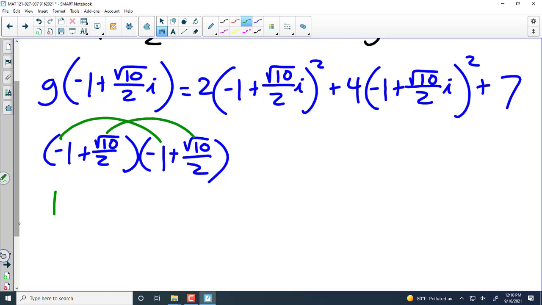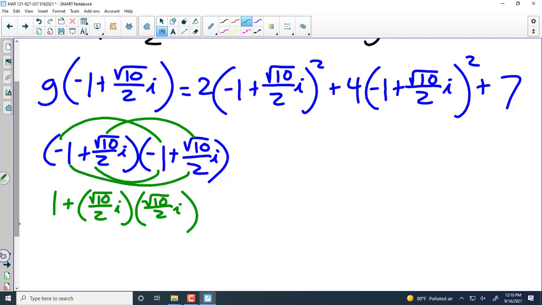Oops, forgot my i. Almost blew the whole deal right there. All right, square root of 10 over 2i times square root of 10 over 2i. You know what? I'm in no mood to even do that right now. I'm not going to even try to do that in my head. That sounds like a nightmare. I'm just going to write it and then take care of it in a second.